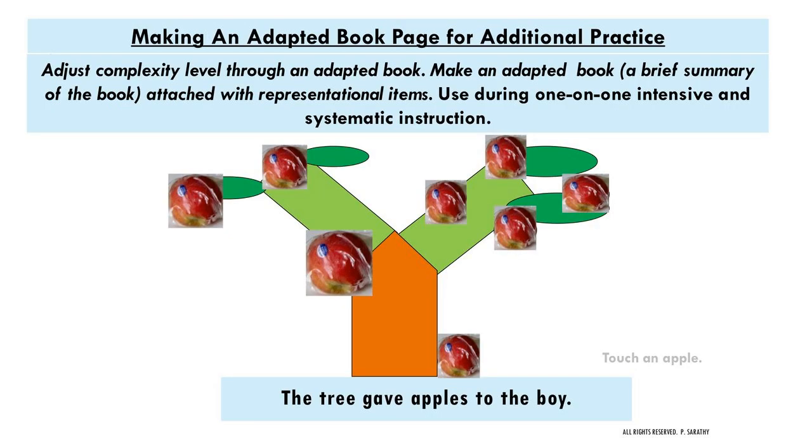And this is an adapted book page, and in that you have that picture, and you can actually attach a small, tiny apple at the beginning to show what an apple looks like, and the word apple, what does it mean? And then you say touch an apple, and you can create just an adapted book with 4 or 5 pages.